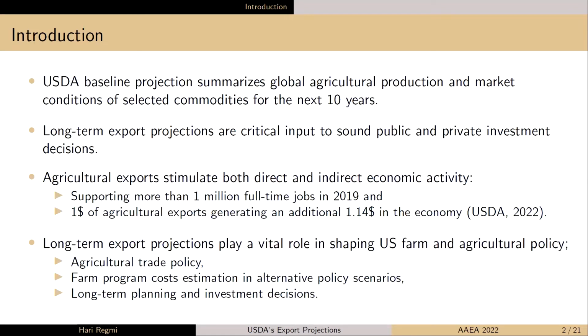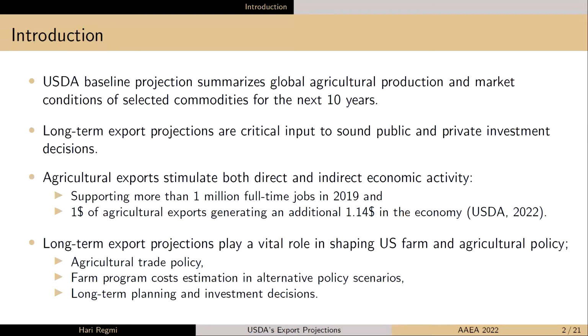For example, designing effective trade policy and estimation of the farm program cost, farm bill discussion, and then presidential budget formulation as well. And long-term export projection is also important in planning and investment decision making. The projection is for 10 years, and a businessman or producer can take inventory management decisions.